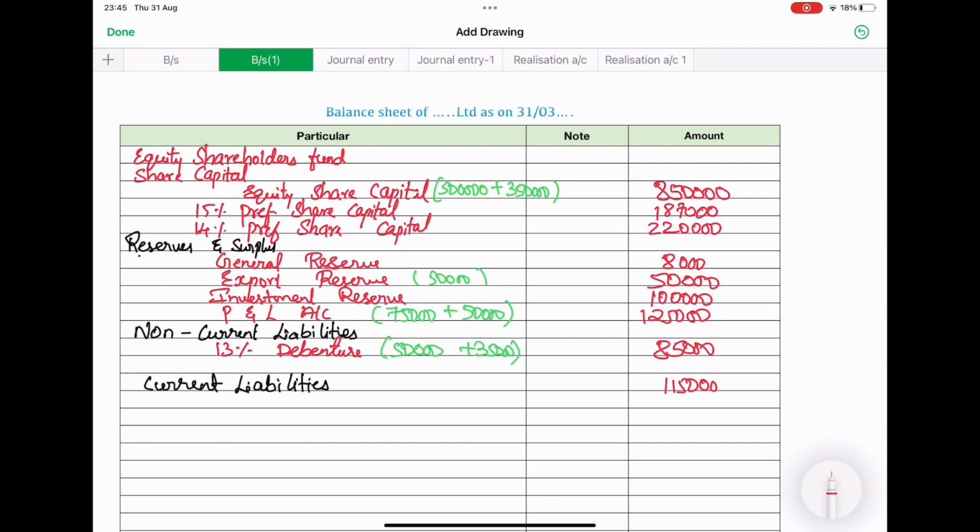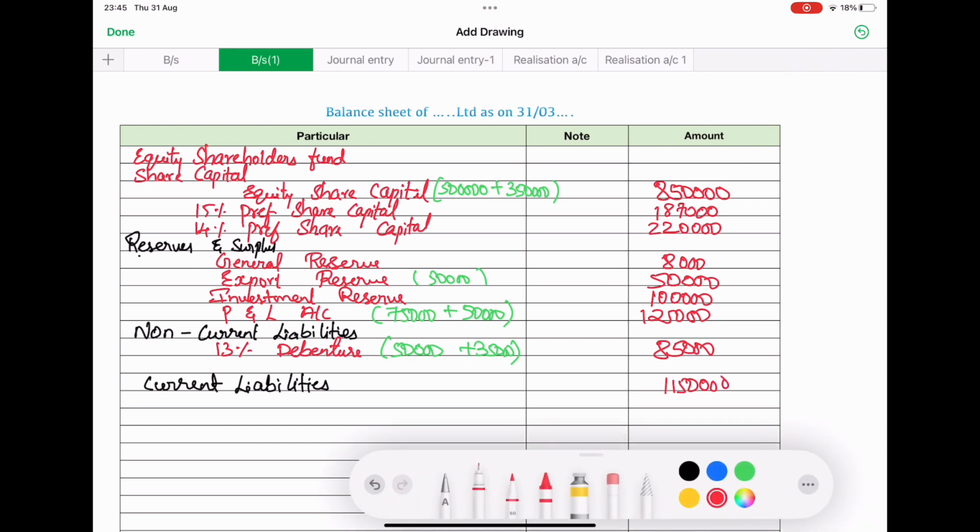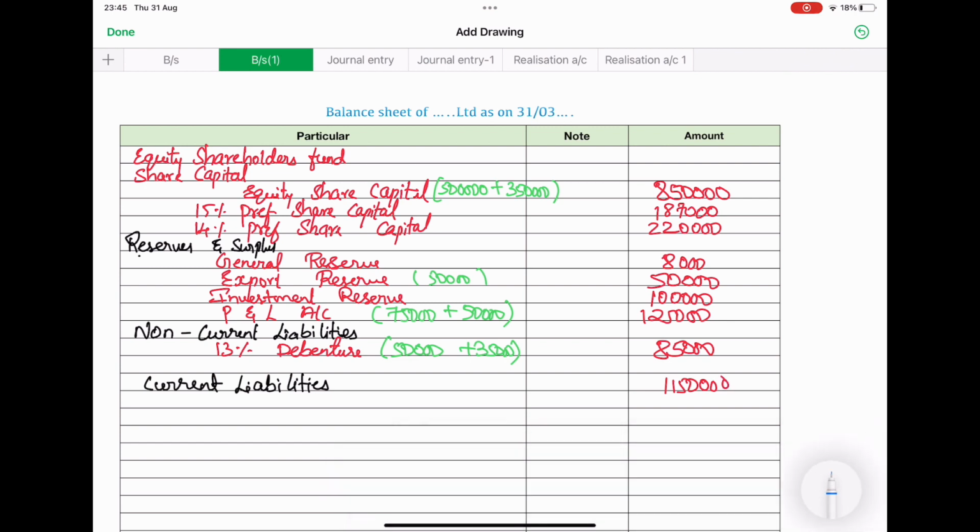So let's see the total value of liabilities. If you add the amounts, the total will be 16,50,000. I'll just mention it as total. Let's see whether the assets are going to match or not.